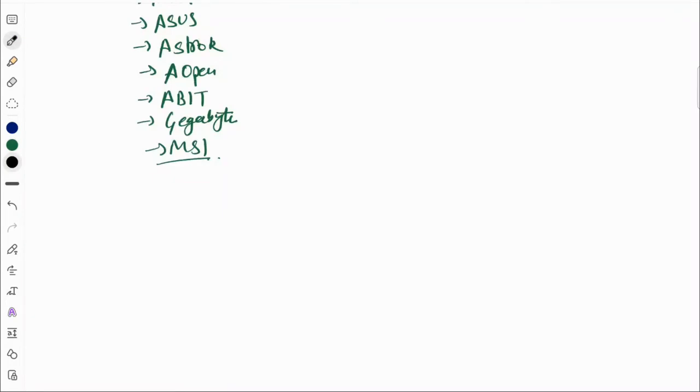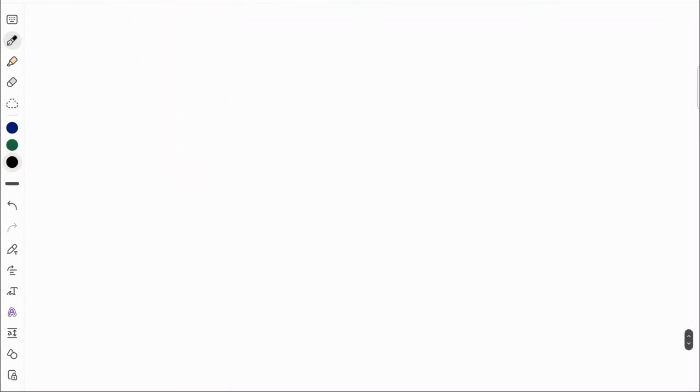Next is computer memory unit. Computer memory unit is the amount of data that can be stored in the storage unit.